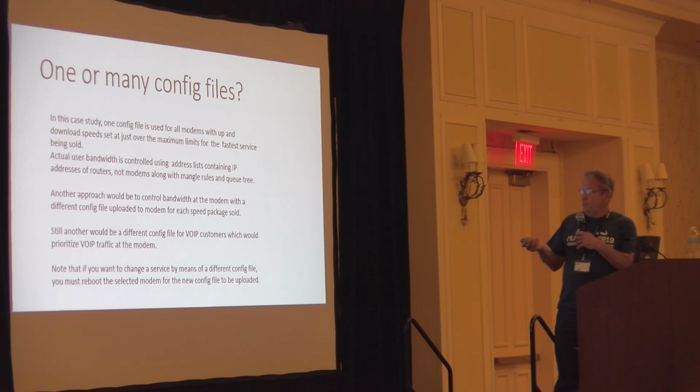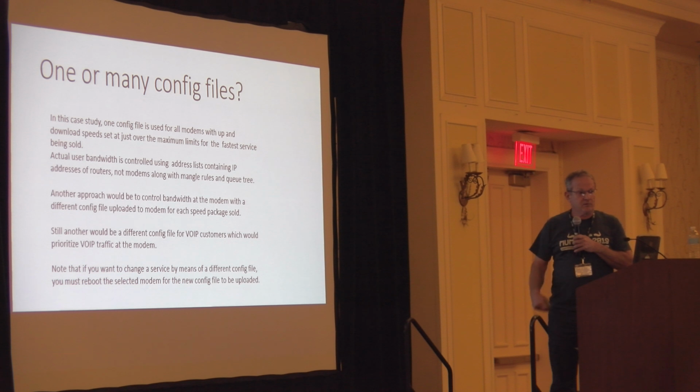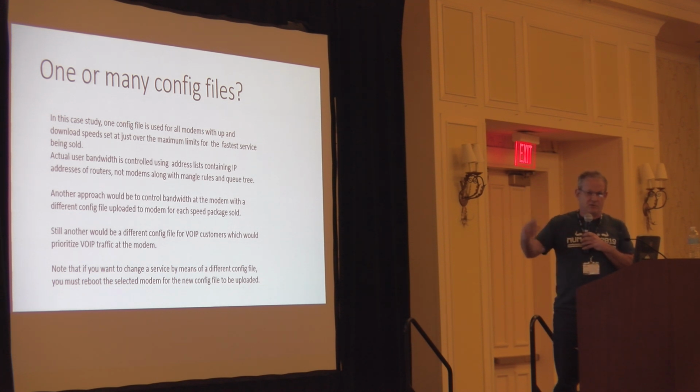And then the actual bandwidth of the customer, what they're purchasing, I'm controlling via the MikroTik, via the IP address of the routers. Because remember, the routers are different than the modems. So I basically set the modems at a high level. I control my bandwidth and limit my bandwidth at the router level. I found it's a lot easier in this case to do it that way.